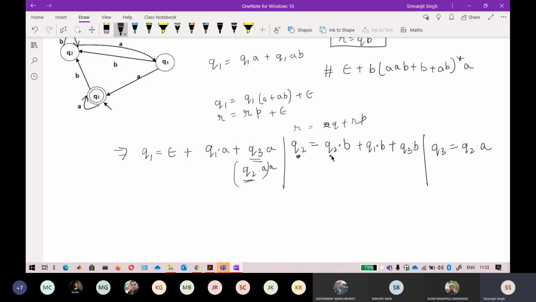So put the value of Q3 here. So Q2 is Q2B plus Q1B plus Q3 value, which is Q2A followed by a B. Okay, so now if you arrange it accordingly, I take this Q1B out plus Q2B plus Q2AB.